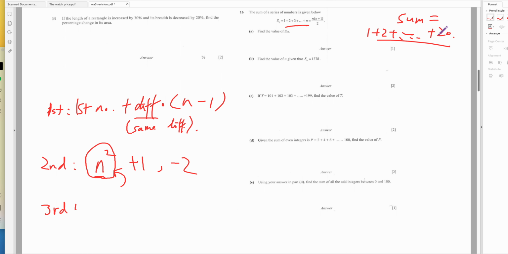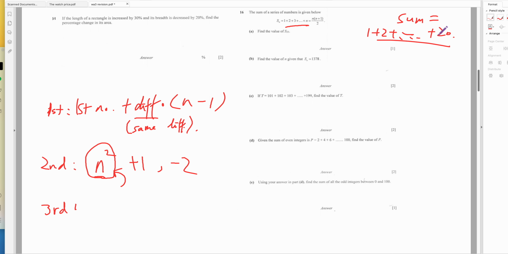Hopefully after this exercise you remember this formula. If it happens to come out, then okay, good luck to you. Oh yeah, that doesn't work. Look at the formula. In this case, your n is 4. Then you sub in 4 plus 1, over 2.